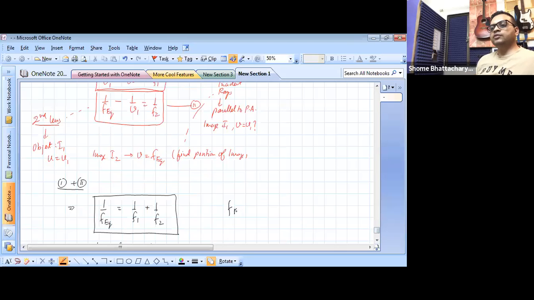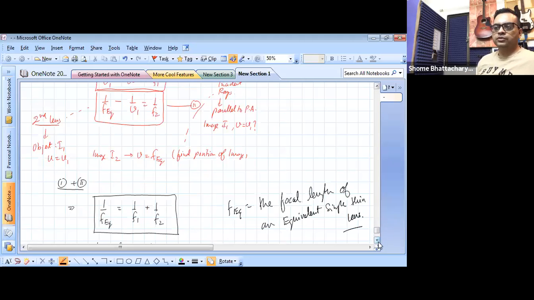Okay, so F equivalent is the focal length of an equivalent single thin lens. And use that single thin lens to replace the combination of the two.